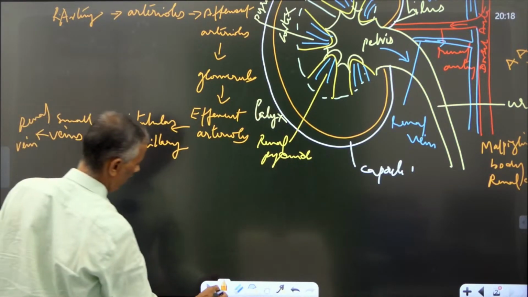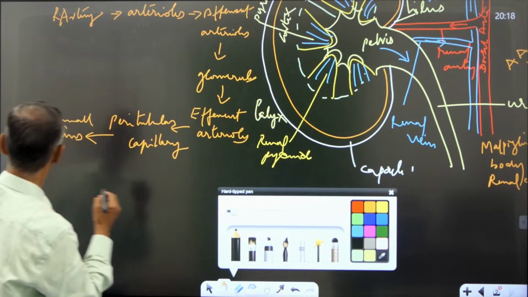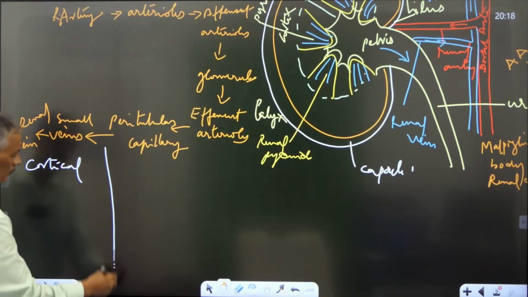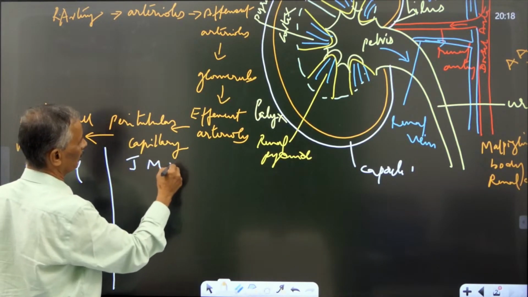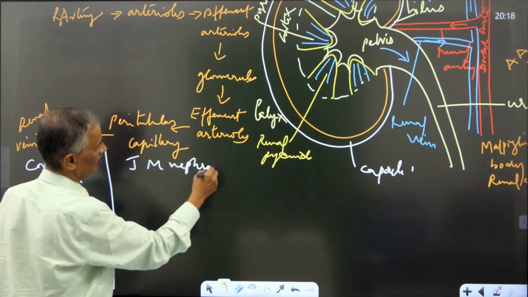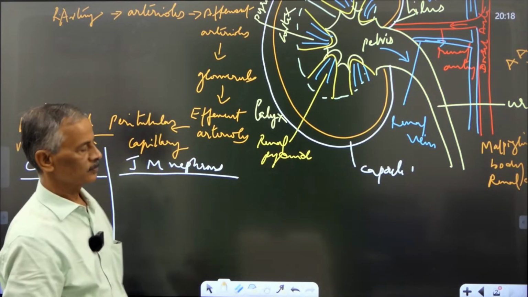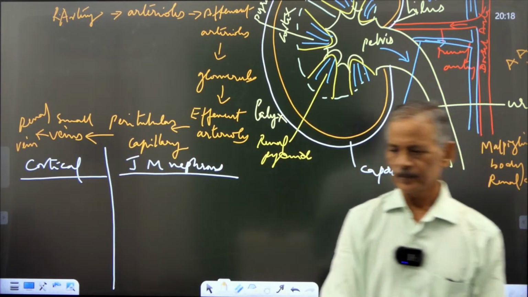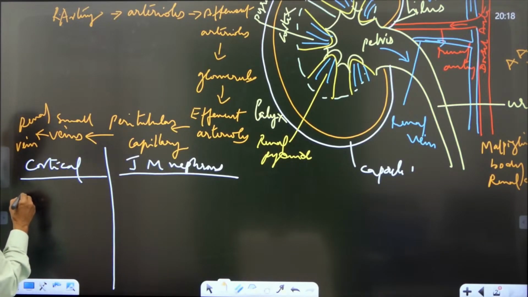They are called cortical nephrons, and the other one is called juxtamedullary nephrons. I will tell you what is the meaning. Cortical nephrons are called so because they are lying in the cortex.